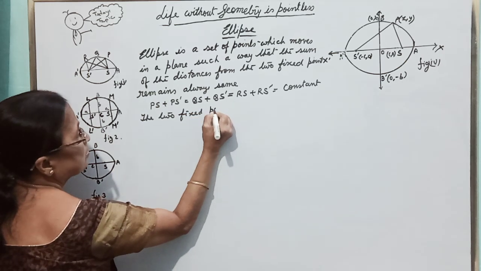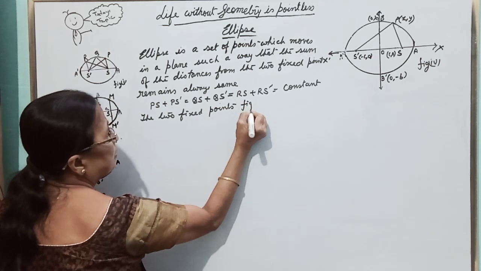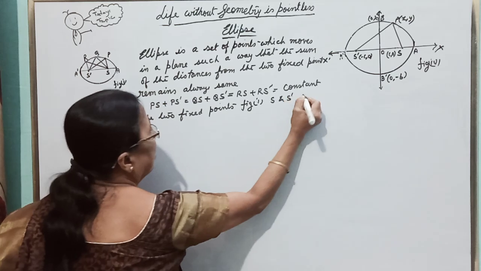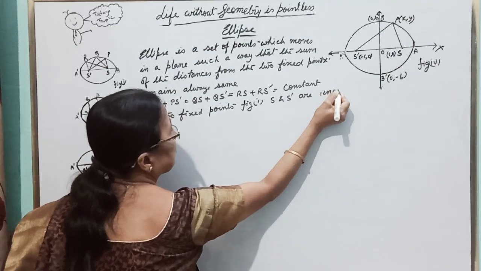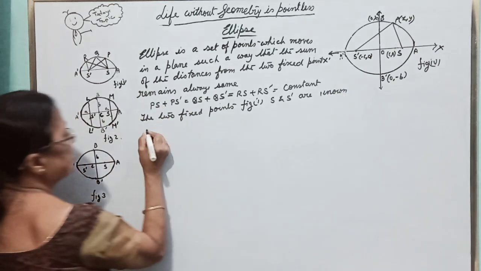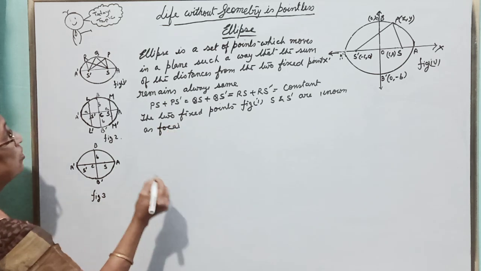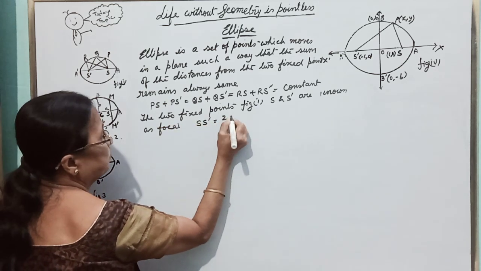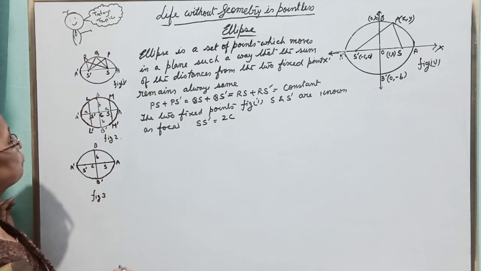In this figure 1, S and S dash are known as foci. And SS dash is denoted by 2C. We denote SS dash equal to 2C.